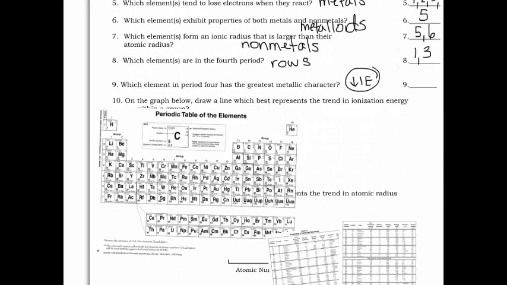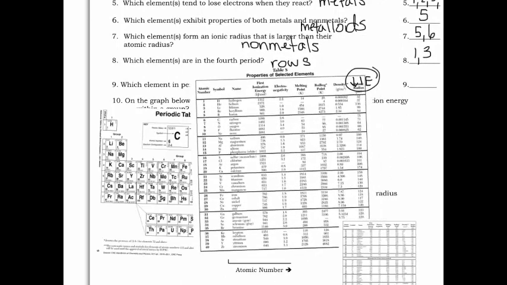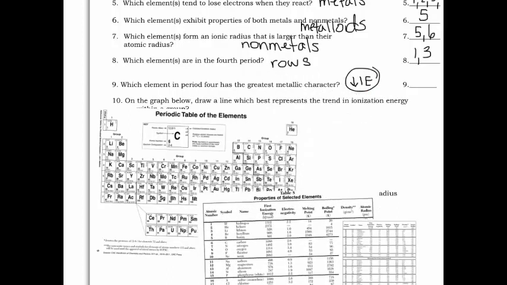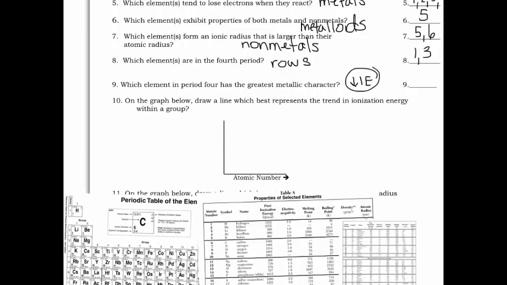So we're going to look up the ionization energies for potassium and chromium. Potassium, the ionization energy is 419. Chromium, it is 653. We said we were looking for the lower ionization energy, so that would be potassium. And that was element number 1.